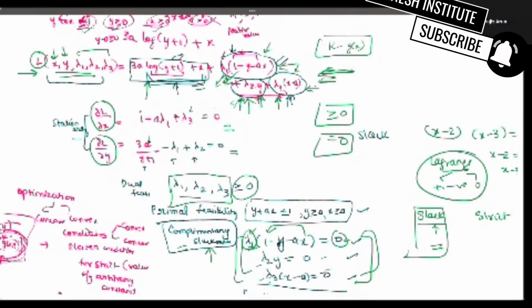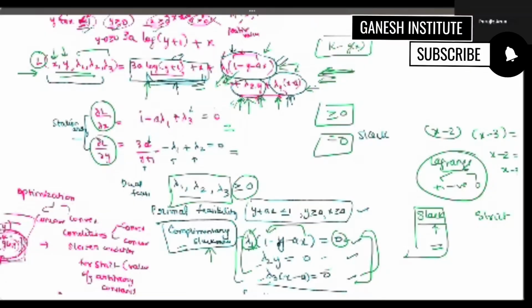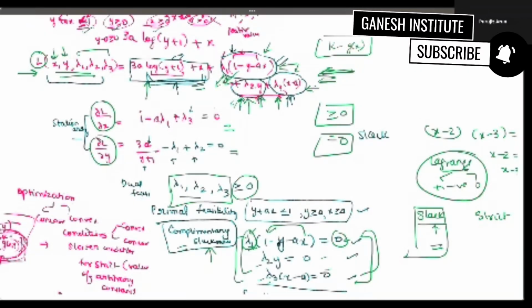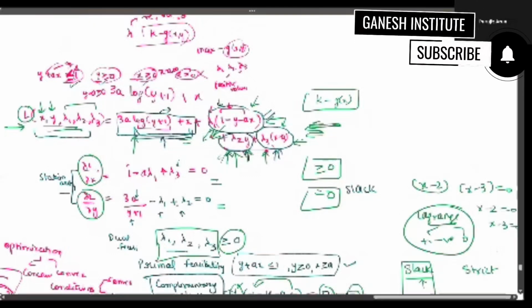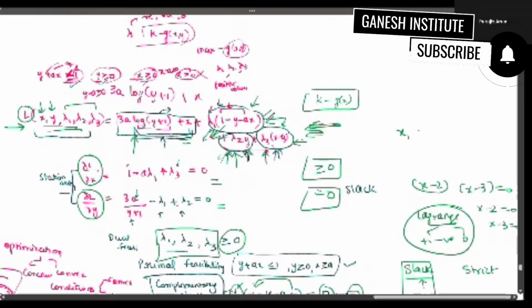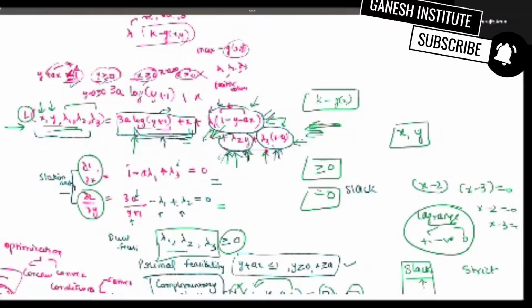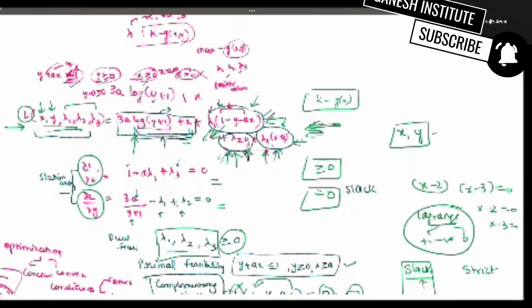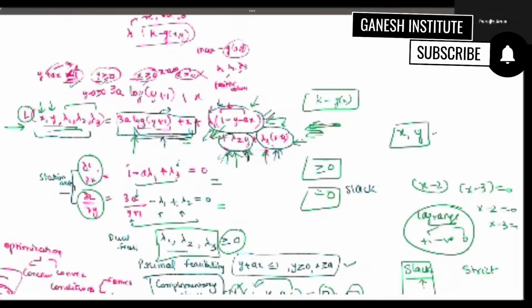We are finding the maximum point of the function where the derivatives with respect to x and y are 0. Those constraints are applied, and I want to find the values for x and y subject to a constraint. So for that, I'm substituting these as 0.